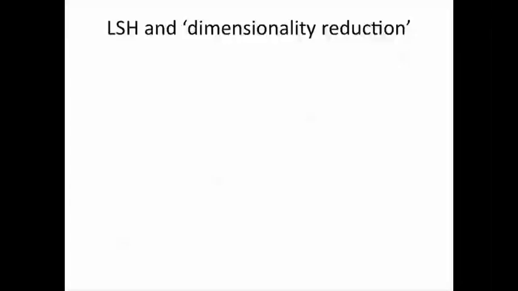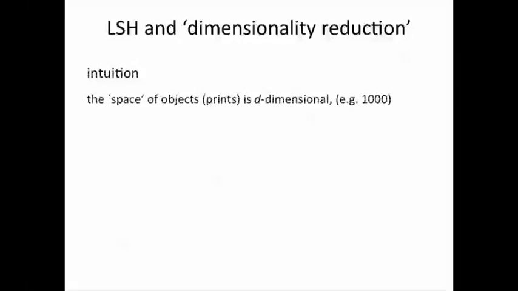There is an important intuition behind LSH and similar concepts called dimensionality reduction. Now, think of the space or the collection of objects. For example, you can think of fingerprints.